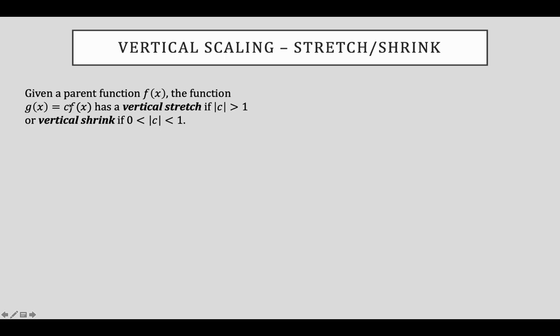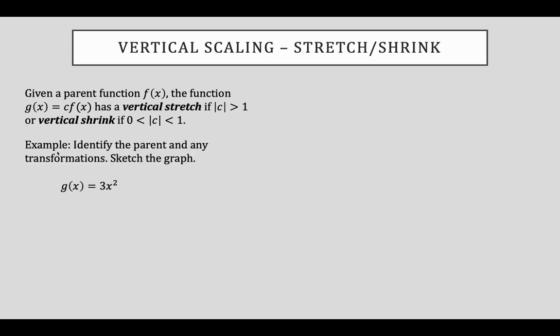Notice that the constant c is a constant multiple. That means it's a number and it's connected to our function f of x by multiplication. It is a constant multiple in front of the parent function. Identifying any constant multiple in front of the parent function will allow us to determine any vertical scaling.